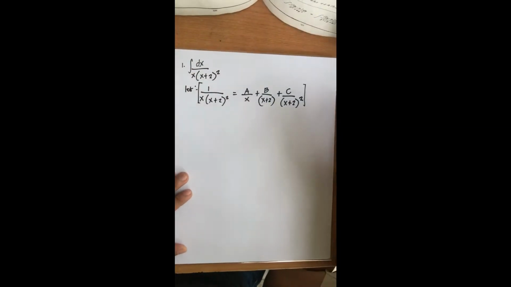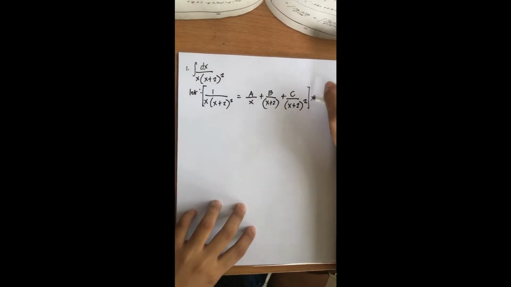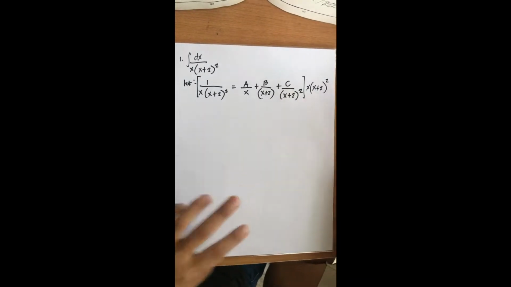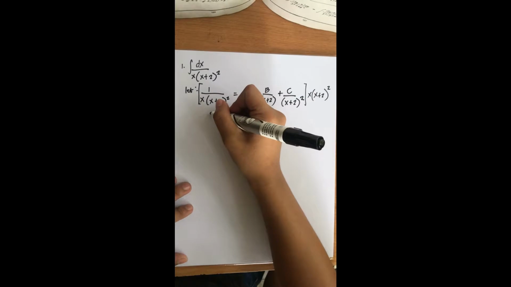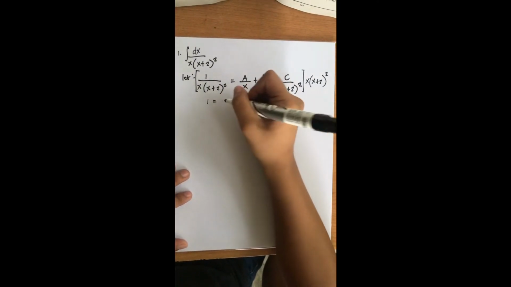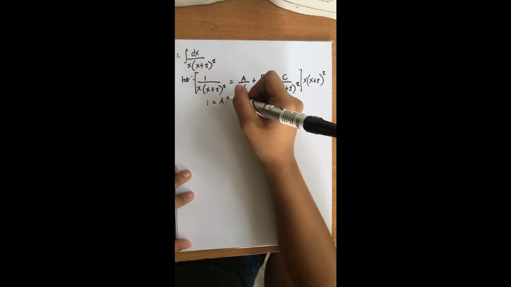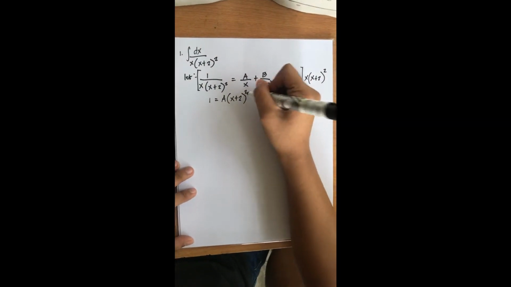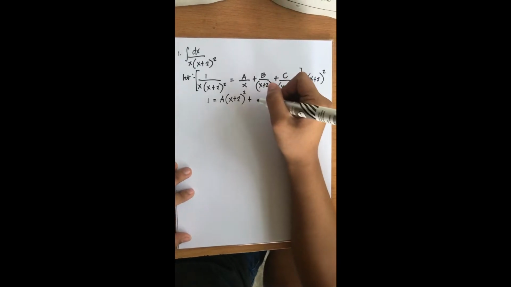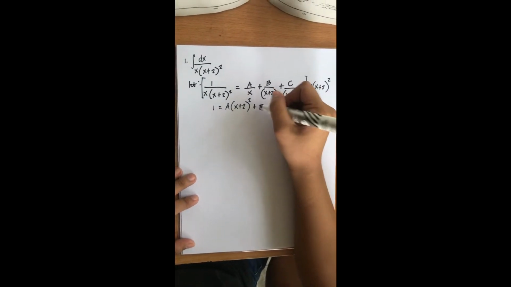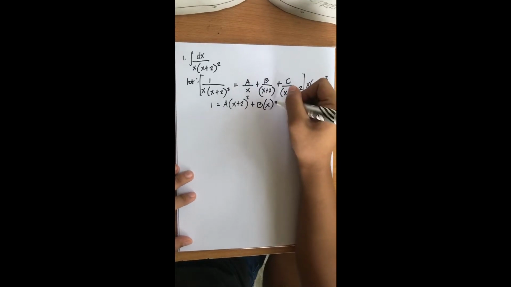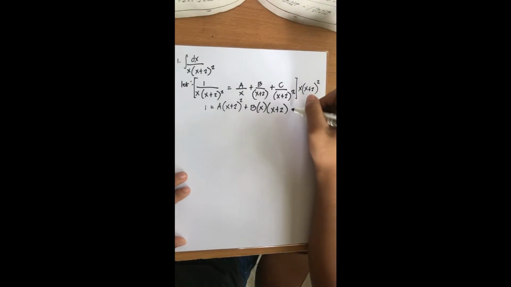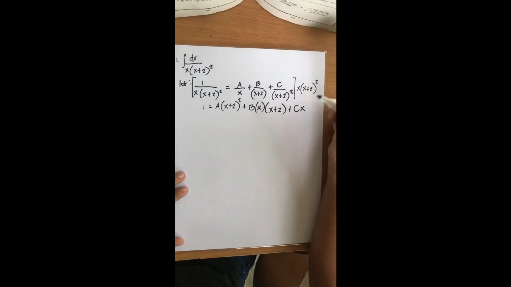Multiply both sides by x times x plus 2 squared. After multiplying, we get 1 equals a times x plus 2 squared plus b times x times x plus 2 plus c times x.